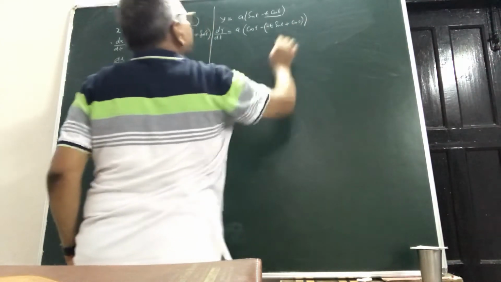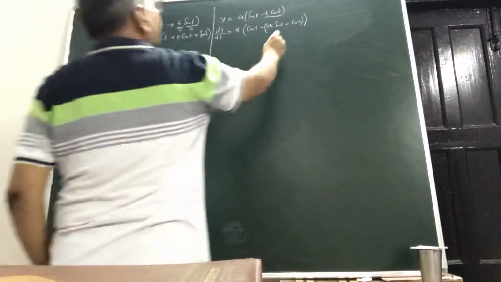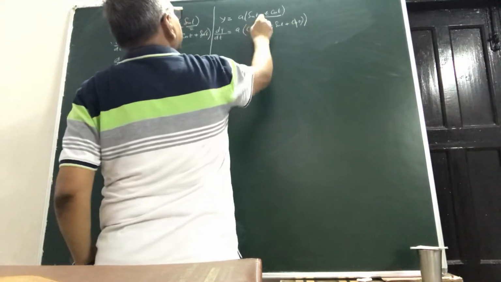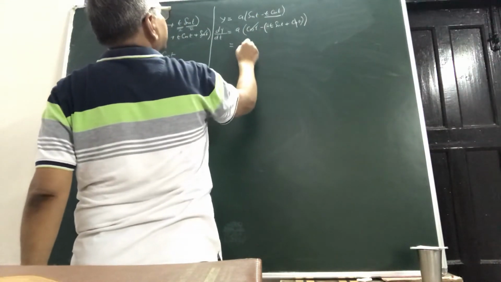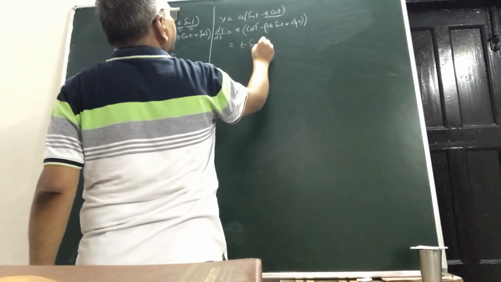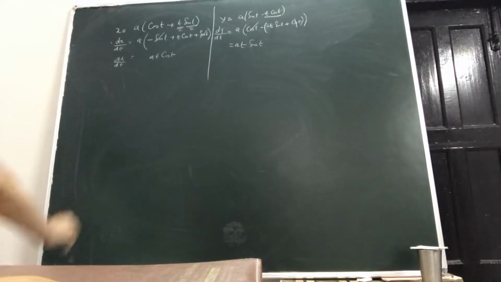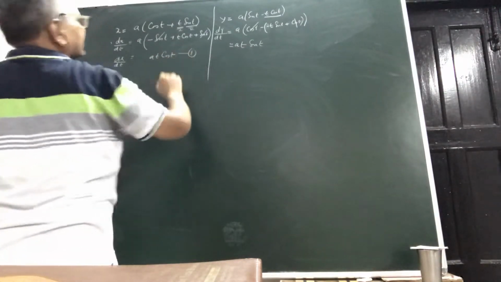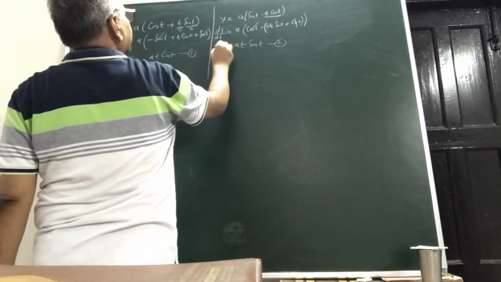Okay. So here this cos t is minus and this is plus, so it will be a t sin t. So this is expression 1, this is expression 2, it is dy by dt.